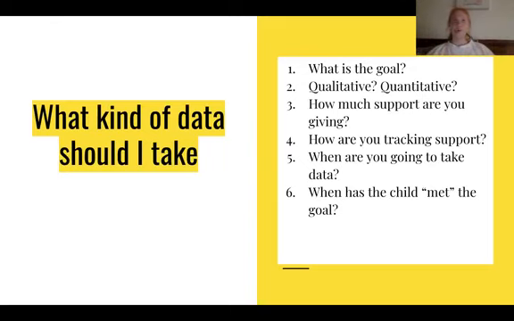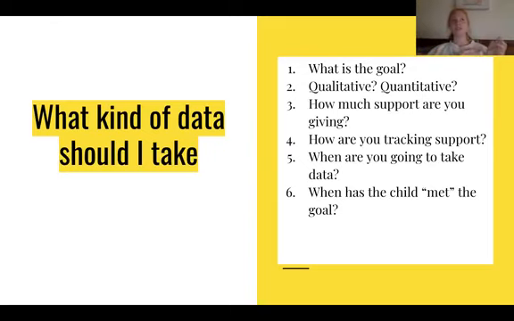And so that goal is going to look very different than a goal that's like, oh, they're going to produce these words this many times accurately. And so you really need to read your goal first in order to determine, okay, this goal is in a 15-minute time frame, so I need to sit down and I need to be checking every single time they make a two-word phrase so I can track how many two-word phrases they're making over a 15-minute time period.